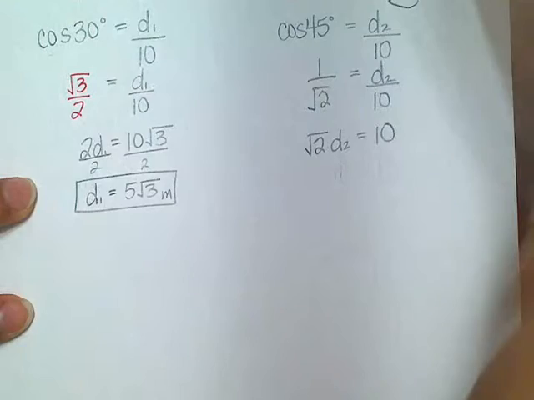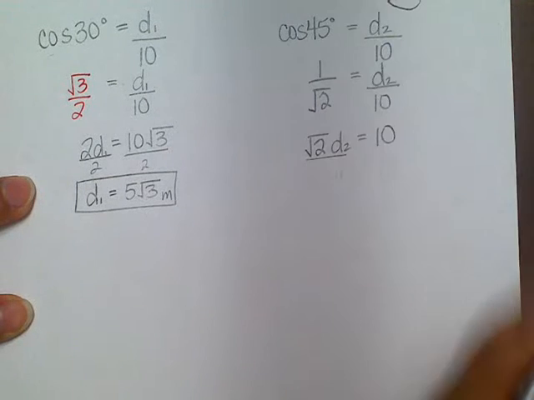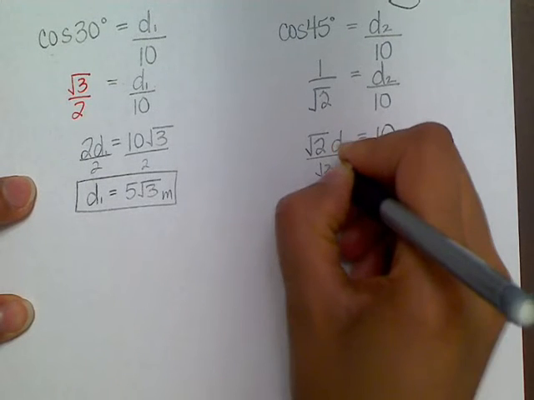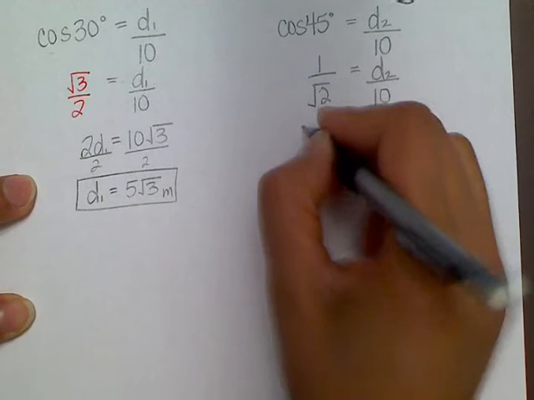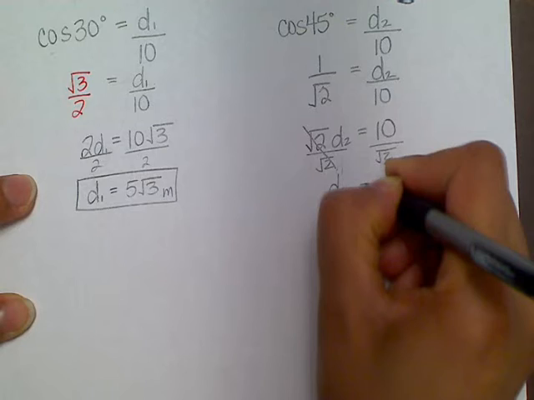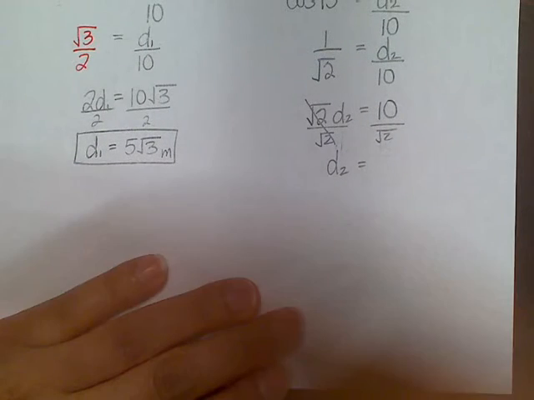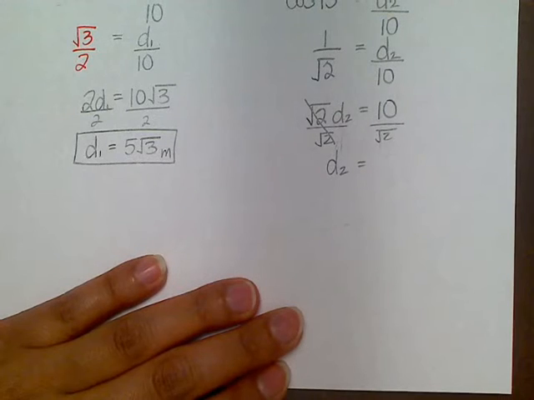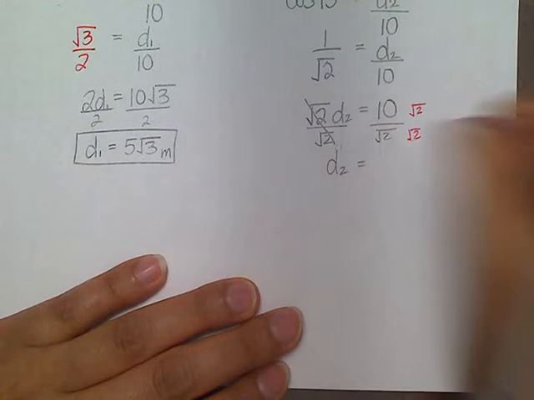So again, I should show you all my work. So to get the second distance by itself, and again, you can use a and b, x and y, whatever works for you, I just happen to use d for distance. These two cancel out, and I get D2 equals. Now the problem in this case is that I have a root 2 in the denominator, so I'm going to rationalize the denominator.